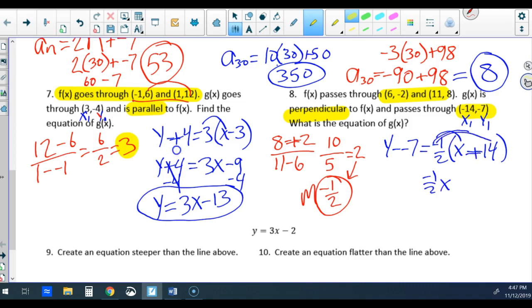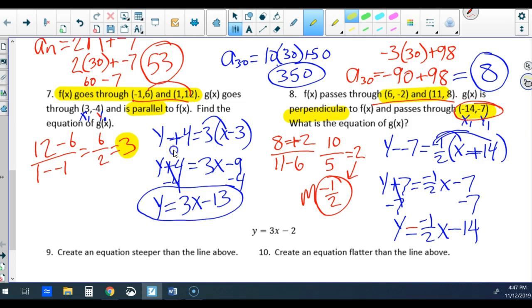So if I distribute, negative 1/2 times positive 14 is negative 7. Y plus 7 equals all that. Minus 7 to both sides, and I get y equals negative 1/2 x minus 14. That is perpendicular to f of x, and it goes through that coordinate.